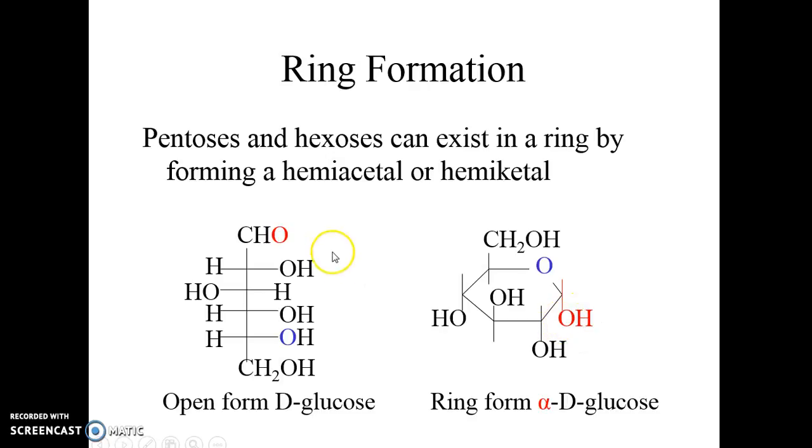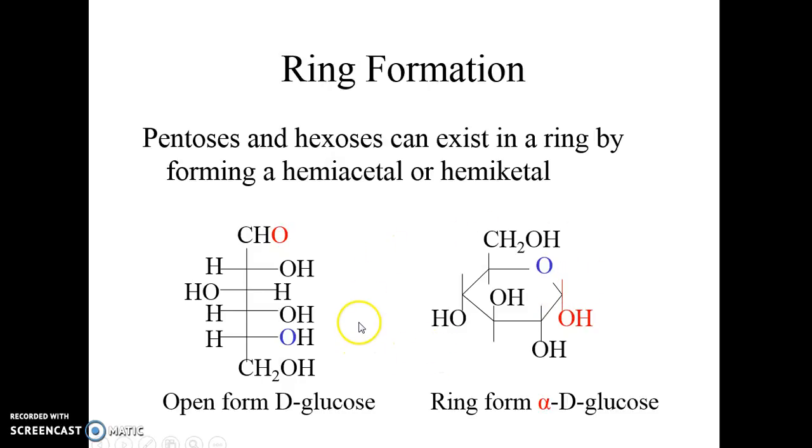And this oxygen was that oxygen that was in the carbonyl. And this group right here now is what's called a hemiacetal. The oxygen from this here and the oxygen from that there. And this carbon is right here.